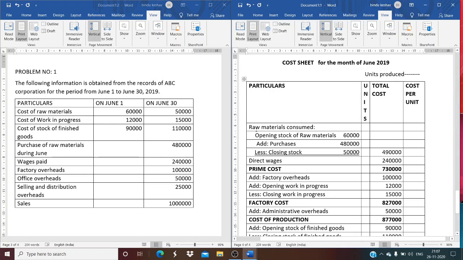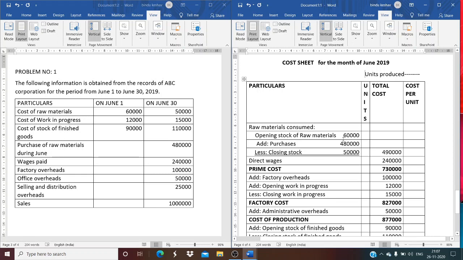So raw materials consumed, you can see the cost sheet here. Raw materials consumed: opening stock of raw materials 60,000, add purchases during the month 4,80,000, less closing stock rupees 50,000, which means that we have consumed only 4,90,000 rupees worth of raw materials.